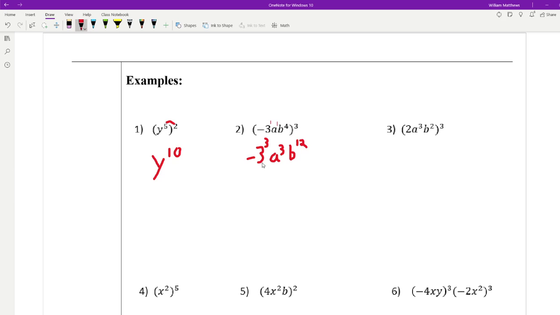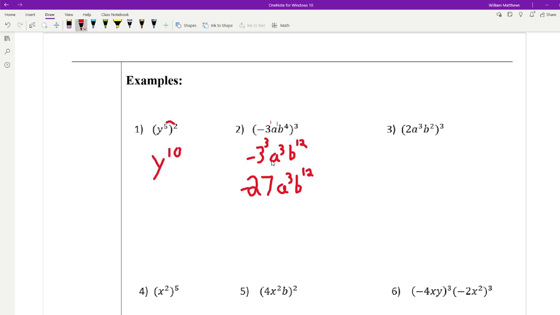Now in simplifying, we will raise negative 3 to the power of 3, which gives us a negative 27, and we still have a to the power of 3, b to the power of 12.